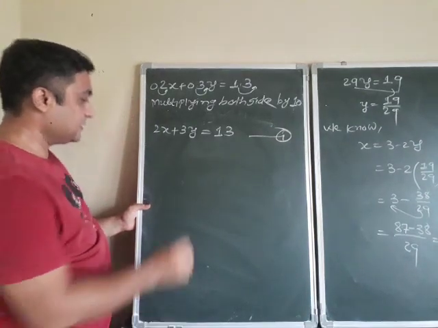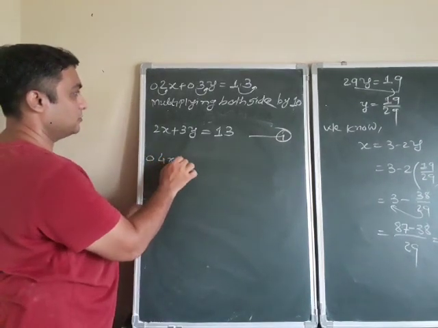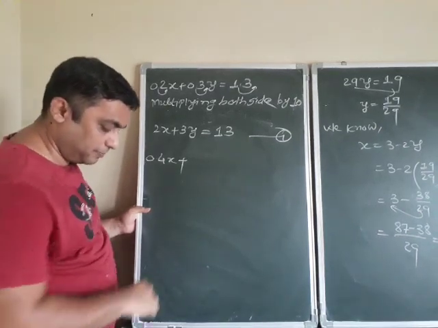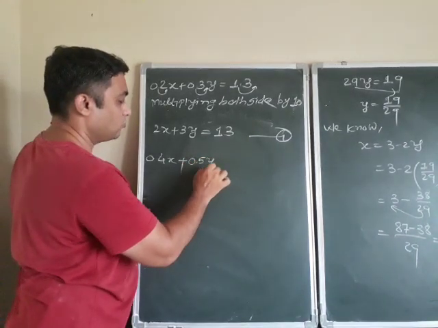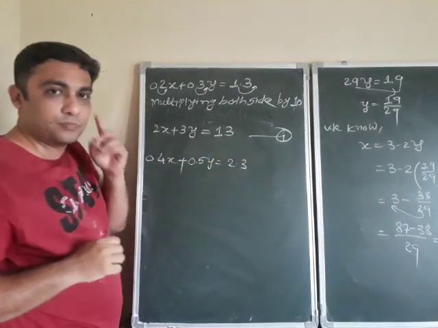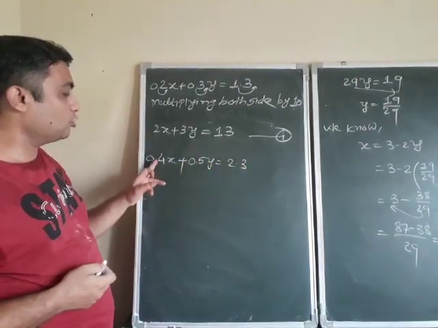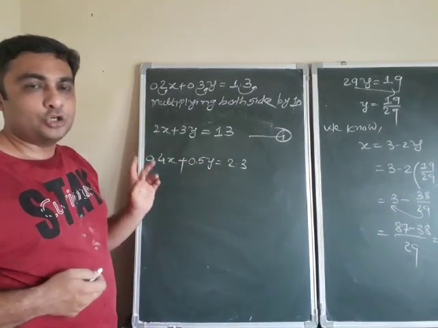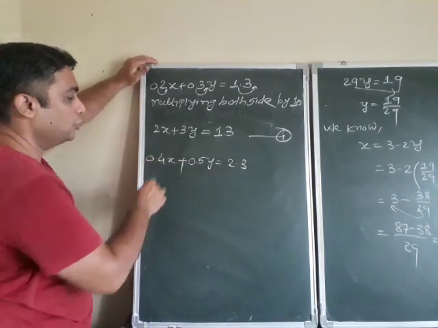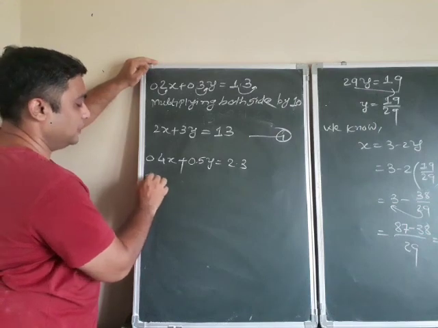See the second one is given as 0.4x plus 0.5y is equal to 2.3. What I can do? I again multiply the whole equation by 10 because this shows 1 digit, 1 digit, 1 digit. So let me multiply by 10.